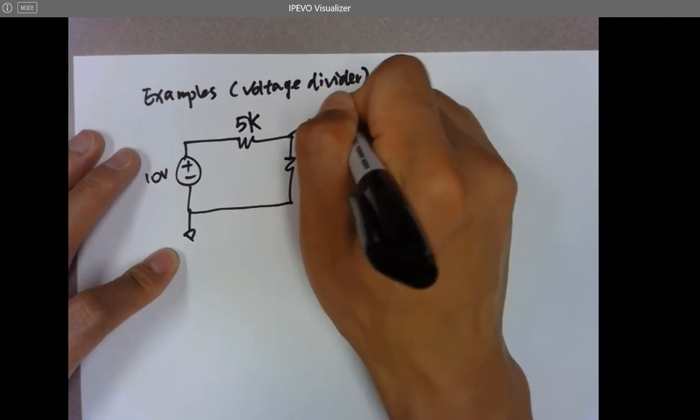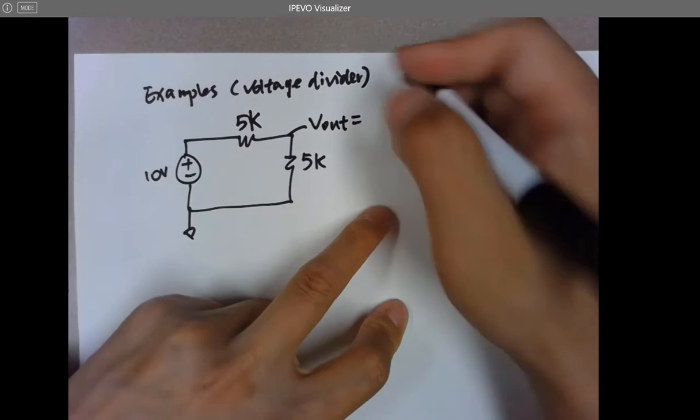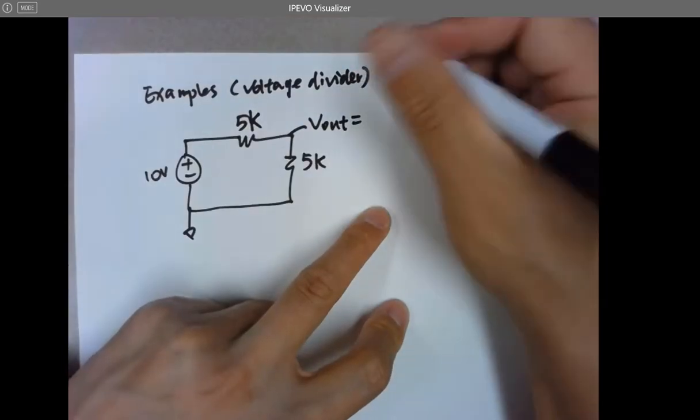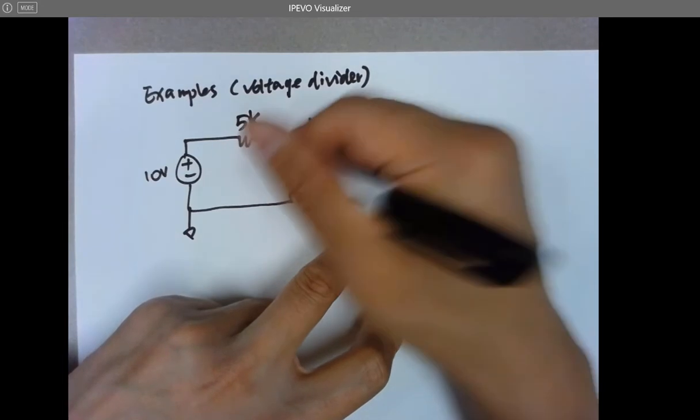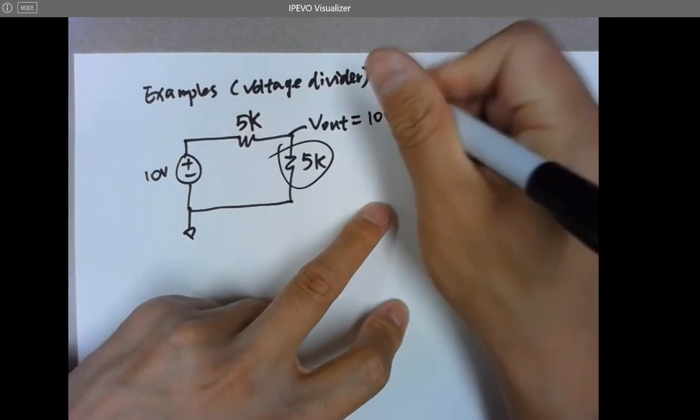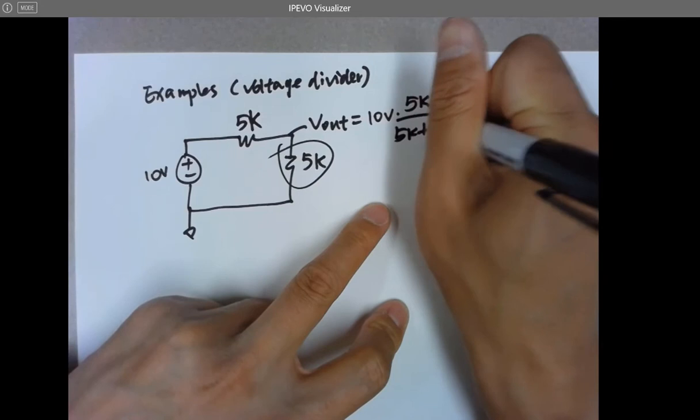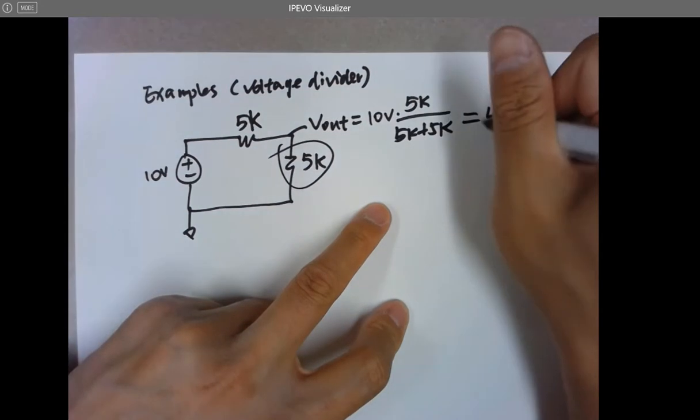Let me know what V out is. Of course, just use the voltage divider equation: 10 volts times 5K over 5K plus 5K. So it is actually 5 volts.